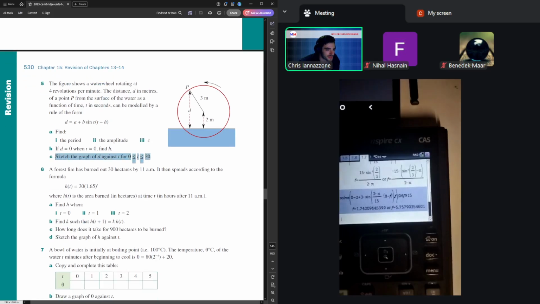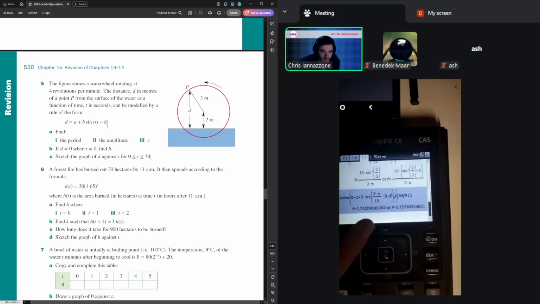Sketching the graph, we've already put together all the key terms that are going to be involved. At this point we could have a look at it again, but we can maybe just talk about it instead. Horizontal translation of roughly 1.7. We're not going to really see that, depending on how you set your domain anyway.